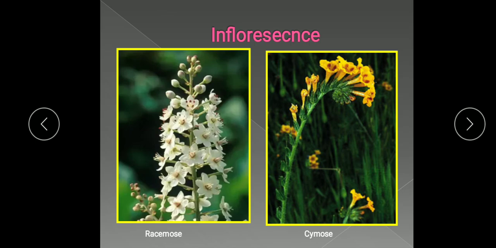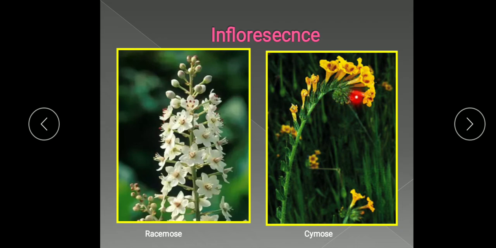But in cymose the condition is different, opposite of the racemose. Here in cymose the growth of the main axis is determinate, meaning it does not grow further. The development of the first flower limits the apical growth.